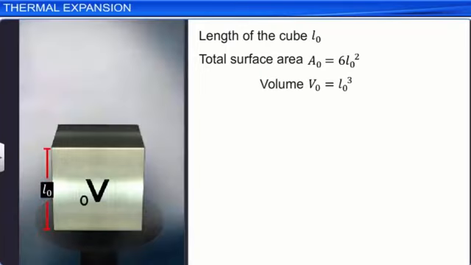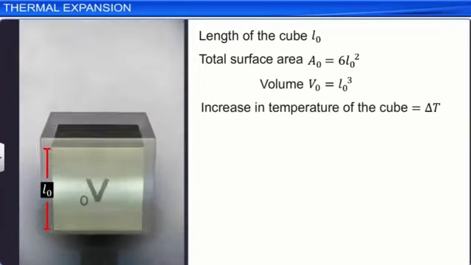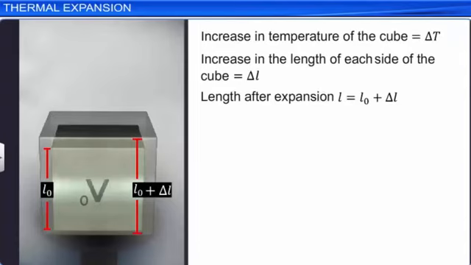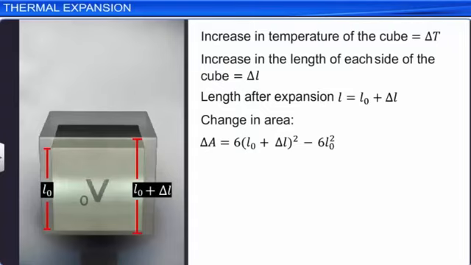When the temperature of the cube is increased by delta T, let the length of each side be increased by delta L. Therefore, the length of the side after expansion is L equals L naught plus delta L. Change in area delta A equals 6 into (L naught plus delta L) whole square minus 6 L naught square.